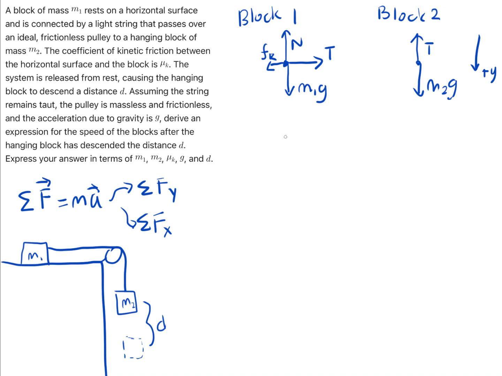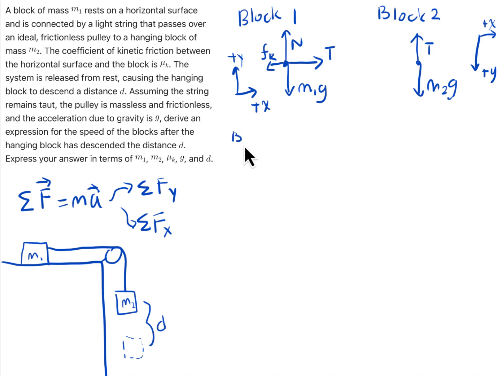And for block 1, I'm going to choose the axes so that the positive x direction is towards the right and the positive y direction is upwards. For block 2, I can also draw an x direction. Now that we have this set up, we can apply Newton's second law to each of these blocks. Let's start with block 1.